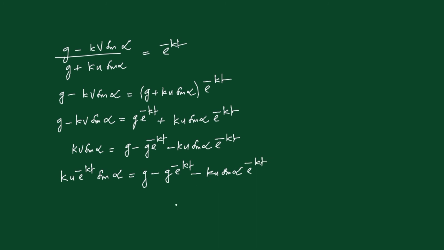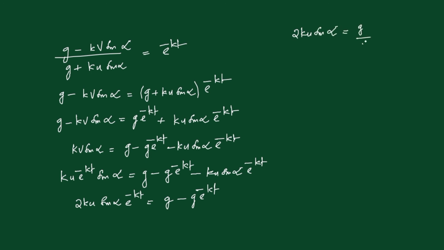Now we can take ku sin alpha e raised to minus kt to the left hand side. We get 2ku sin alpha e raised to minus kt equal to g minus g e raised to minus kt. Now divide the equation by e raised to minus kt, then we get 2ku sin alpha is equal to g divided by e raised to minus kt minus g.